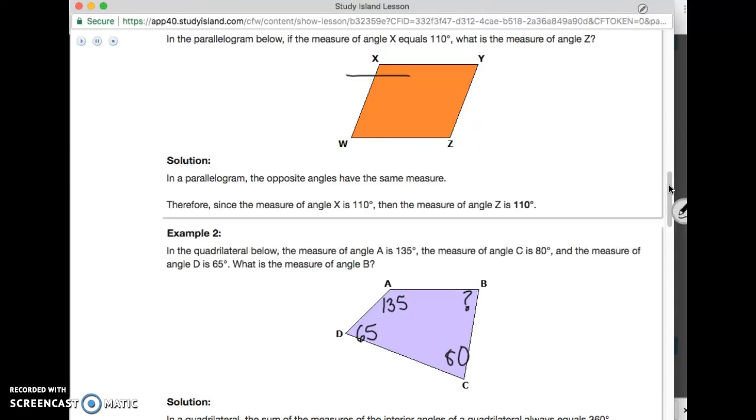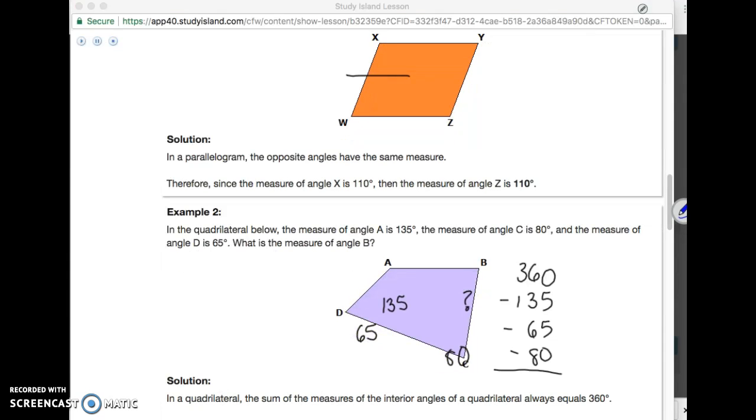Now this isn't a parallelogram, so we don't have congruent opposite angles, but we just need to take 360 degrees and subtract 135, and then subtract 65, and then subtract 80. That will give us how many degrees are left for that fourth angle. So when we get done subtracting all of that, we end up with 80 degrees for the missing angle, and it's just a coincidence that C and B are the same on this one.